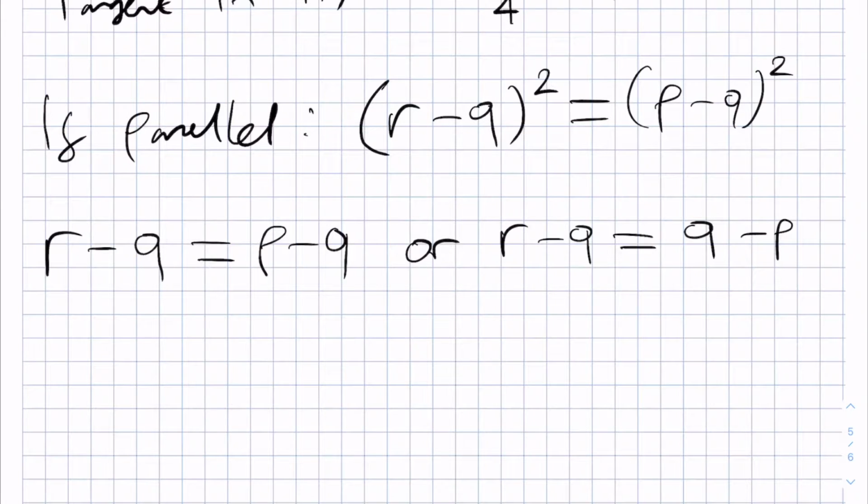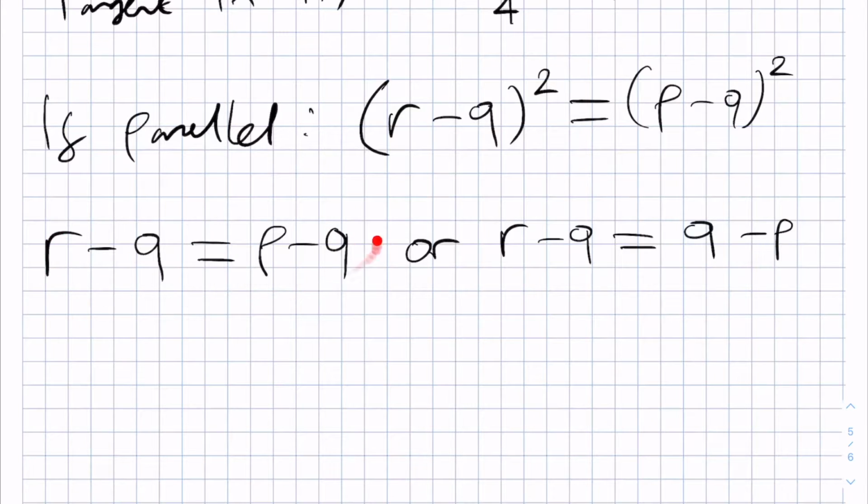This is because if we have, say, x squared being equal to y squared, then either x equals y or x equals minus y. You can see this by taking this over to the other side and then factorising as a difference of two squares, and you'll get this condition here or this condition here.